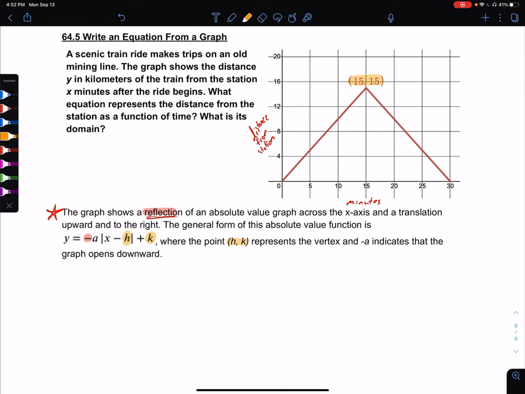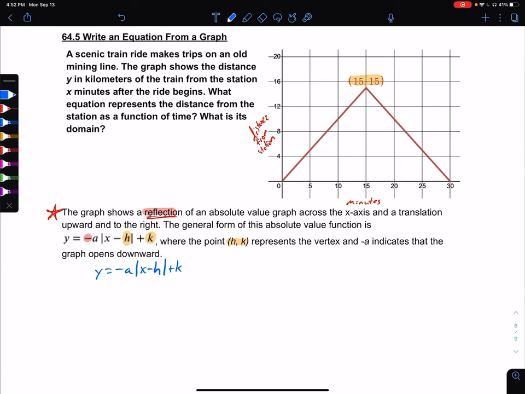So how would we come up with a function? They want us to find a function, right? What equation represents the distance from the station as a function of time? Well, if we're looking at this equation, y is equal to negative a, absolute value of x minus h plus k, we want to look at what parts of this we have.